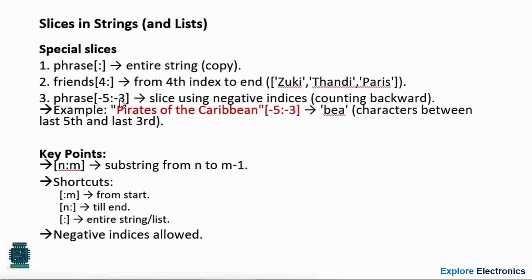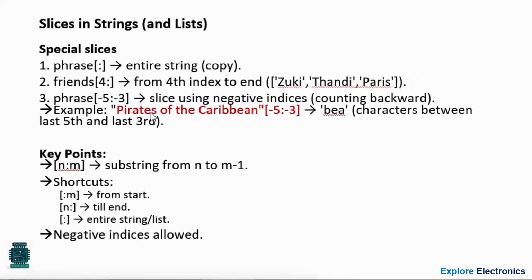For example, -5 colon -3. If I take like this, here the slice is using negative indices, which is -5 and -3. It is counting backward. You have to understand that if I am using the negative indexing, it is backward. Got it?